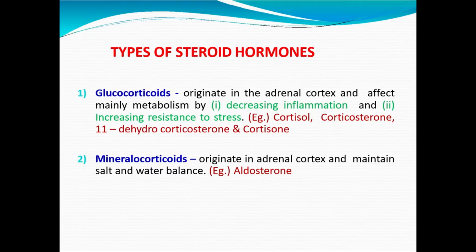So we can say that glucocorticoids mainly affect metabolism by decreasing inflammation and by increasing resistance to stress. The important glucocorticoid hormones are cortisol, corticosterone, 11-dehydrocorticosterone and cortisone. There is very little difference between the structures of these four hormones.